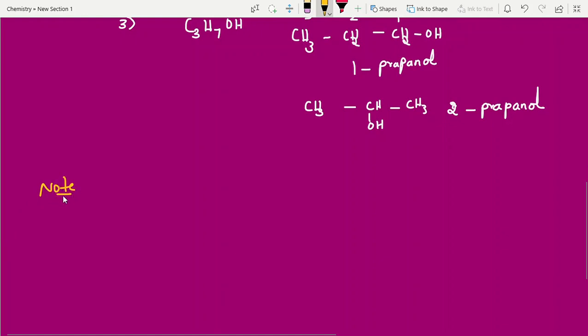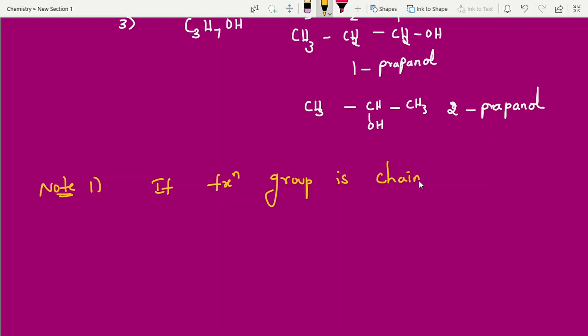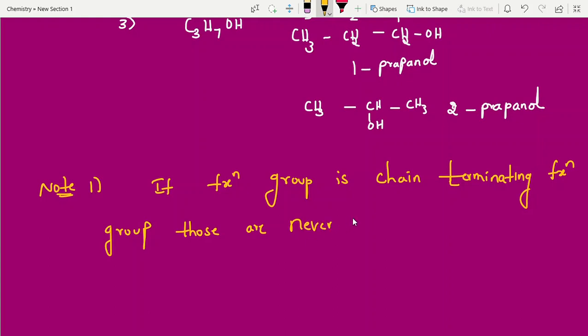Note 1: If the functional group is a chain terminating functional group, those never exhibit positional isomerism. Never exhibit positional isomerism.